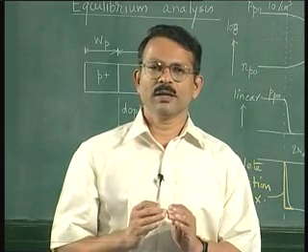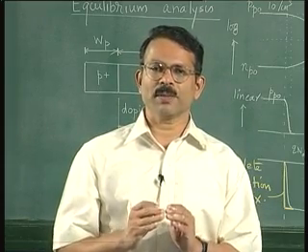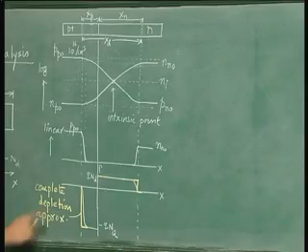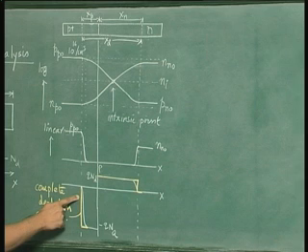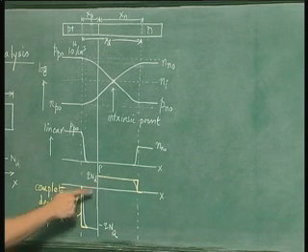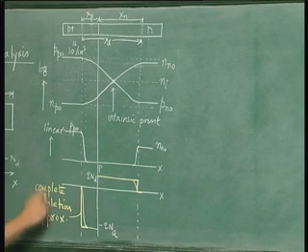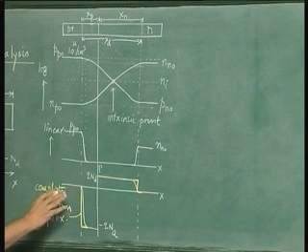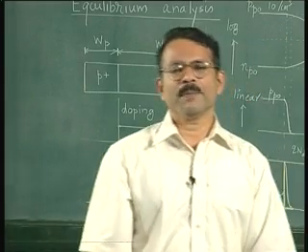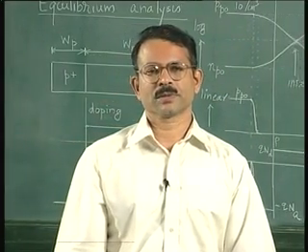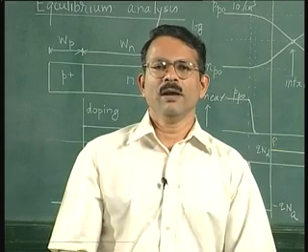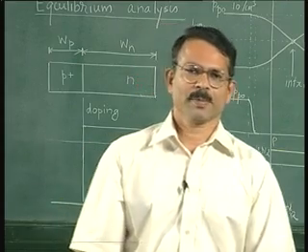You should not try to derive the information from this approximation for other situations. So in this case, the depletion approximation is used to determine the space charge picture, and as we will see shortly, the electric field based on the space charge. So only for space charge and electric field calculations, the depletion approximation has to be used. Okay? So you cannot use the depletion approximation in trying to find diffusion currents and so on.